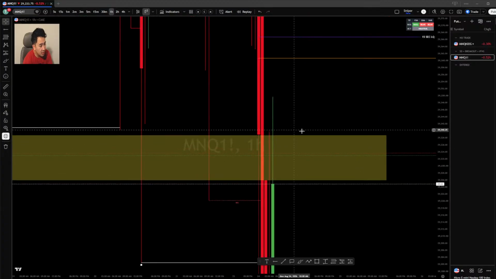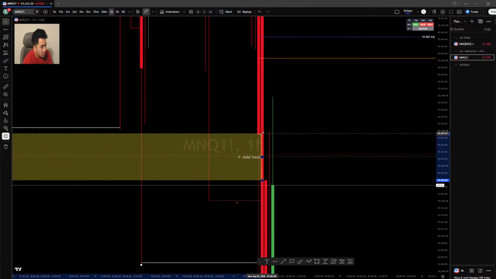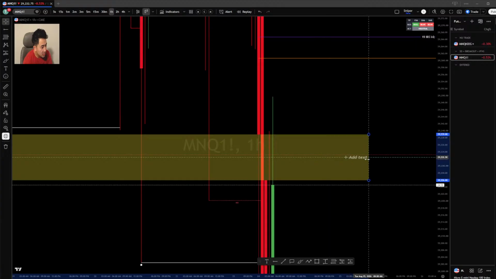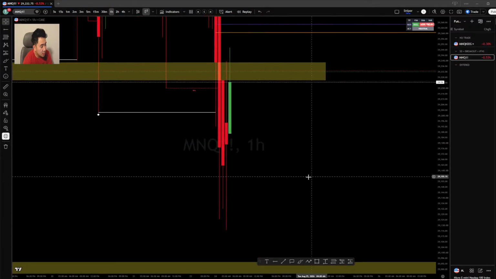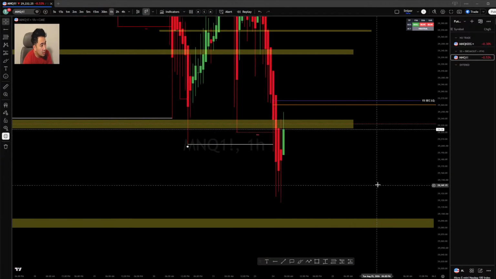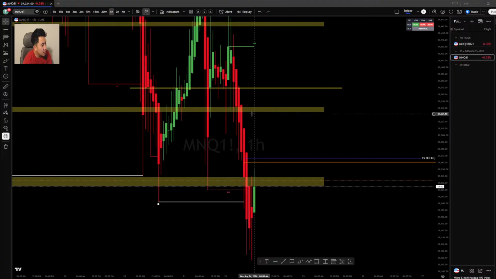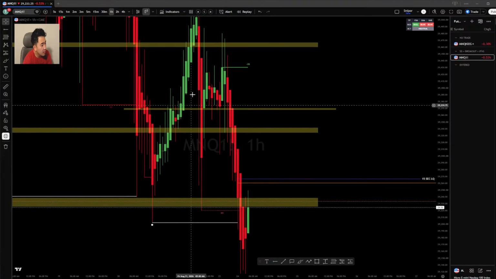Let's go check back on our Heikin Ashi support resistance. Here's a level right here. Just want to confirm, make sure that's all marked out correctly up here. Yeah, price pushing up.